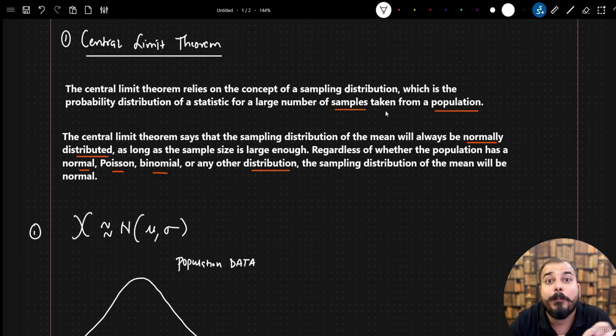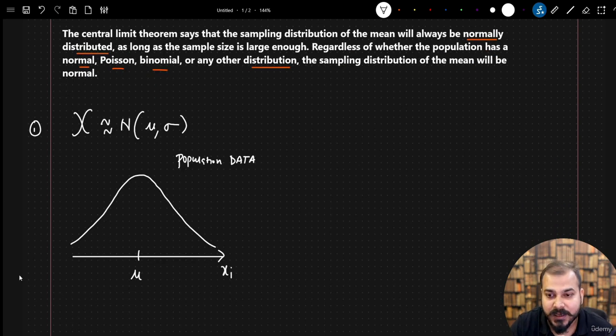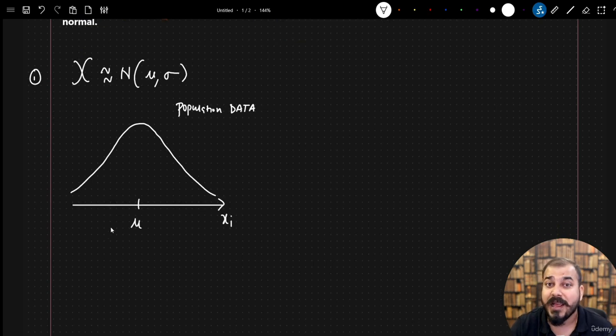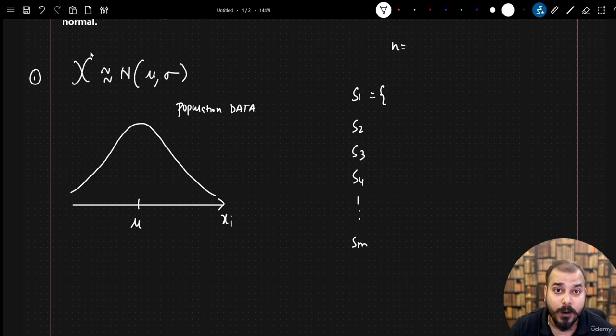Now, the central limit theorem relies on the concept of sampling distribution. So let's say this is my population data, plotted like this, and it follows a normal or Gaussian distribution. If we consider sample data from this, let's say I create samples S1, S2, S3, S4 up to Sm, and let's consider the sample size to be some value n. When your population data is a normal distribution, n can be of any value.